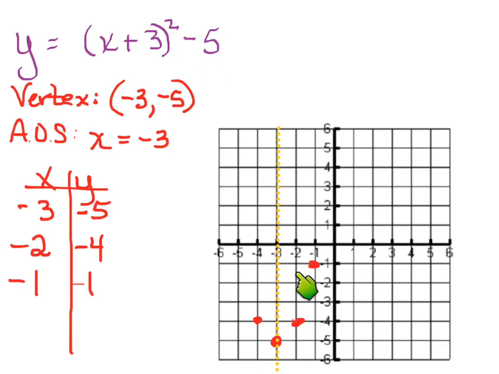I'm going to plot that point and then get my freebie. Okay, the next point I'm going to plug in is 0. I'm going to get -4 and then plot the point. That gives me enough of a picture to safely get the shape of it correct. So I'm going to just try my best to hit every point when I do the sketch.